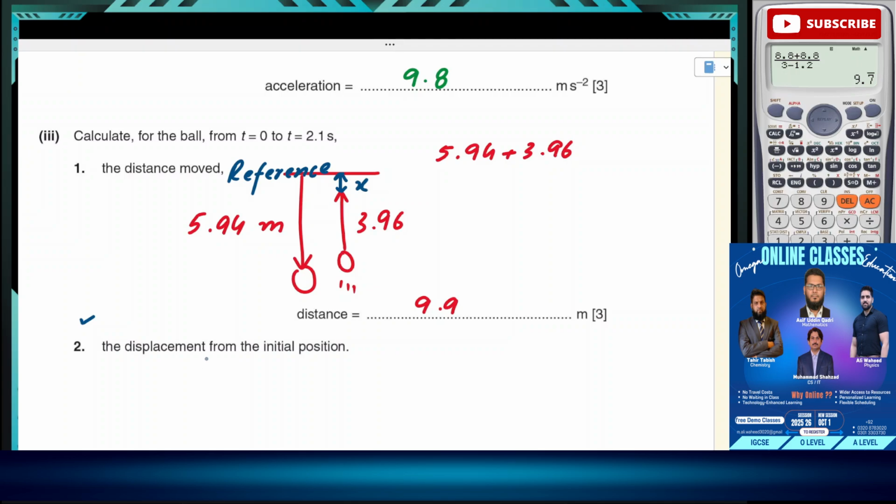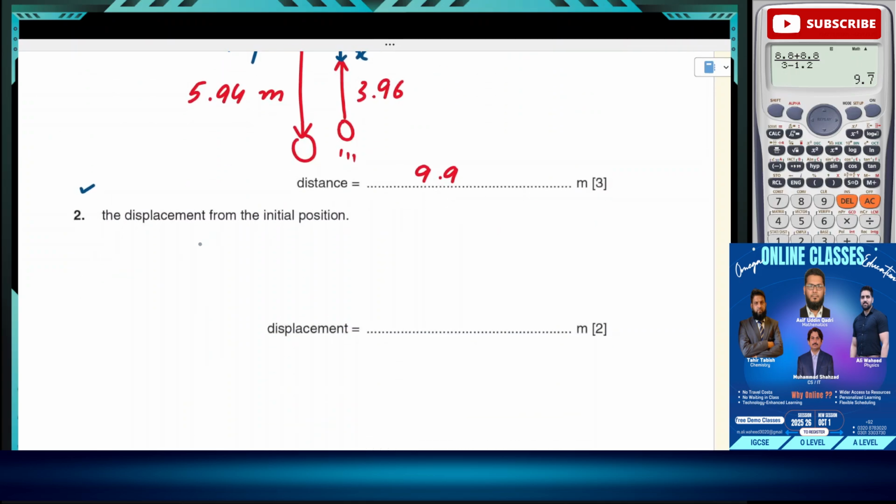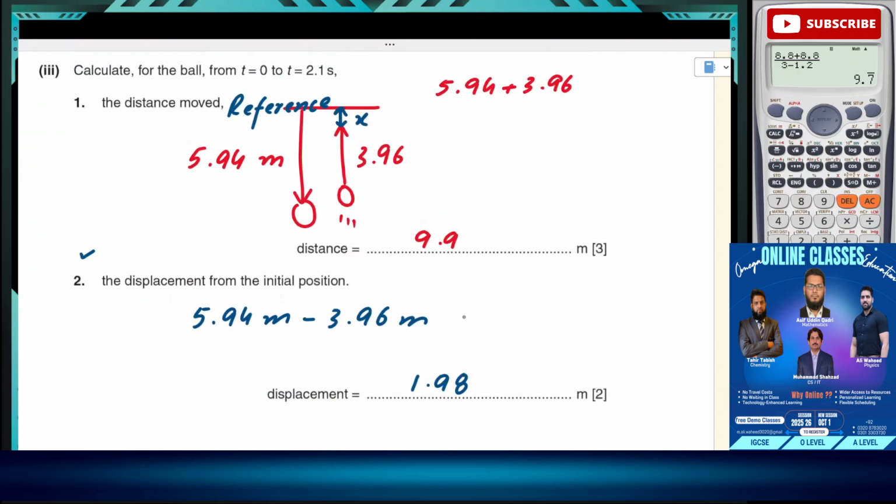Or in simple words, if you need to find the displacement, the distance that you get above the graph and the one that is below the graph, these two would be subtracted. So 5.94 meters minus 3.96 meters. And what do we get here? Get 1.98 meters. Or in 2SF you can write it as 2.0 meters.